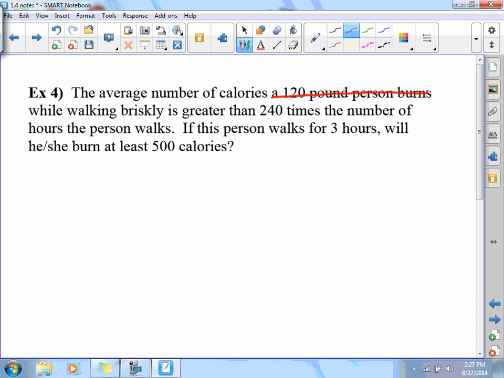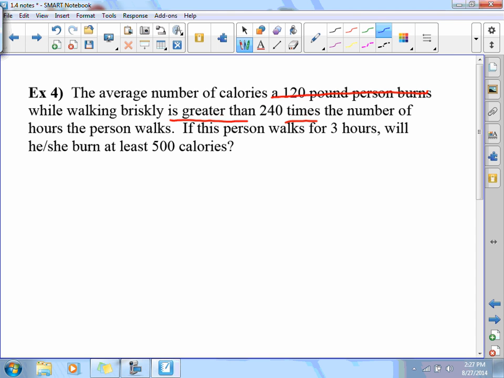So I have is greater than, and then I have times. So that's telling me that I need to use a greater than symbol. And then that times actually means to times. It means to multiply. So this first sentence is trying to get itself translated into an equation.